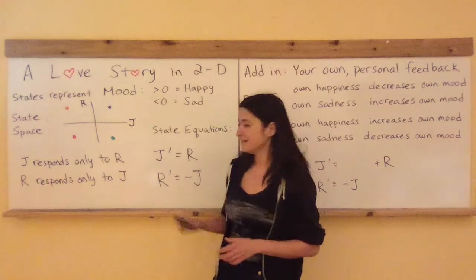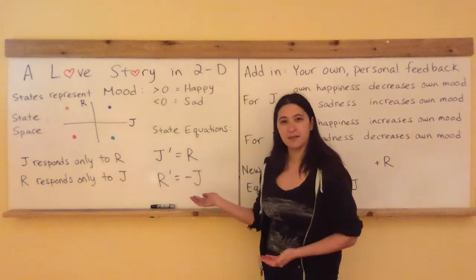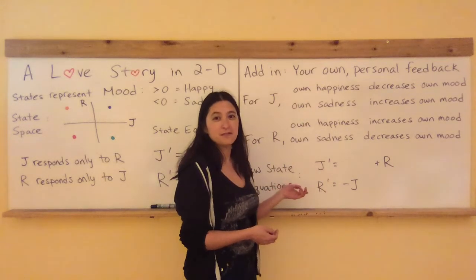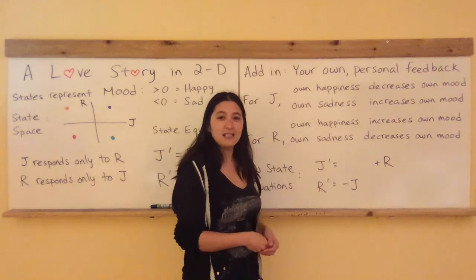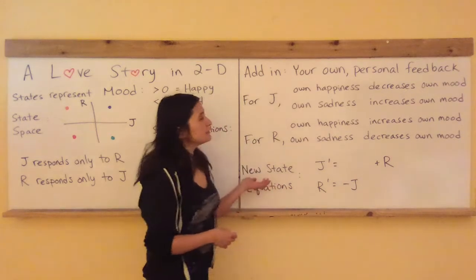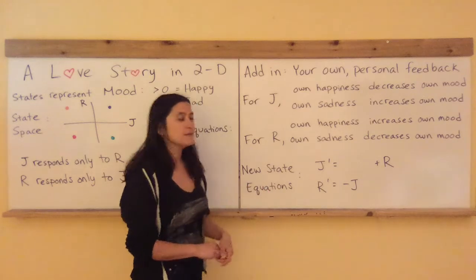Amazing, huh? All right, so now that we've got that talked about, let's start to add in your own personal feedback. Let's say that Jabba and Rancor not only respond to each other, but they start to respond to their own feelings. What does that look like?